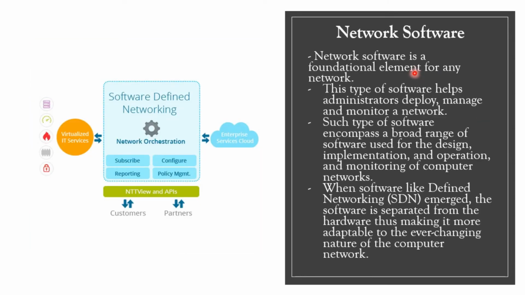Network software. So network software is a foundational element for any network. This type of software helps administrators to deploy, manage, and monitor a network. Such type of software encompasses a broad range of software used for the design, implementation, operation, and monitoring of computer networks.